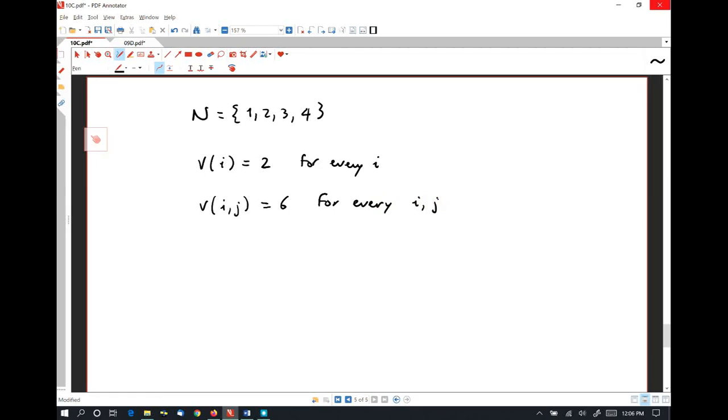So one individual alone can get a surplus of 2. 2 individuals together, whoever they are, 1 and 3, 1 and 4, 2 and 3, and so on, can get 6. V of ijk is, say, 10. So 3 individuals together can get 10, whoever they are, so 1, 2, and 3, or 1, 3, and 4, and so on. And finally, V of n, say, is 44.